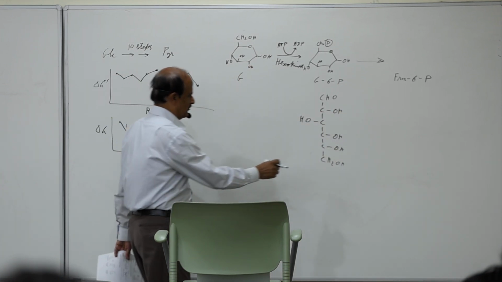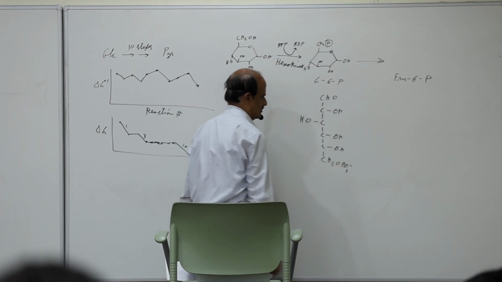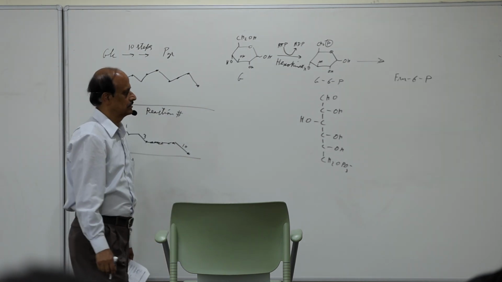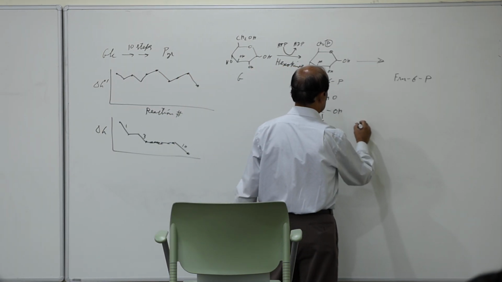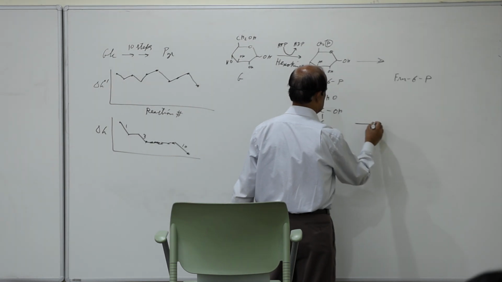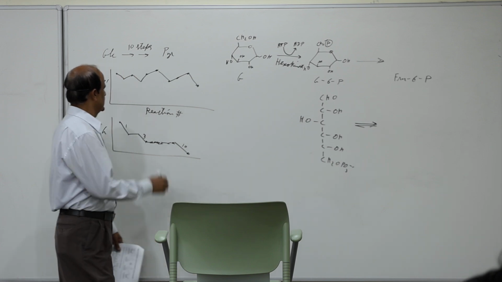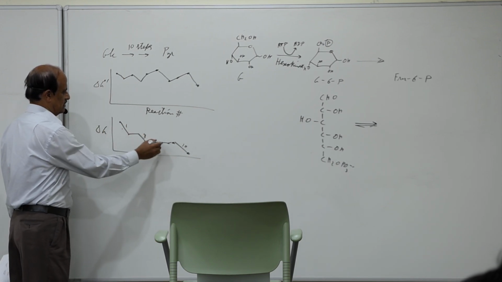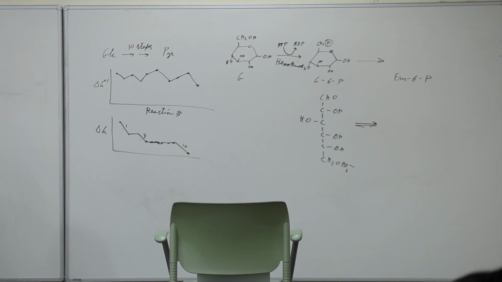And this has a phosphate here. So once again, remember the first step is irreversible, and then the third and the 10th are irreversible. The others are equilibrium steps.